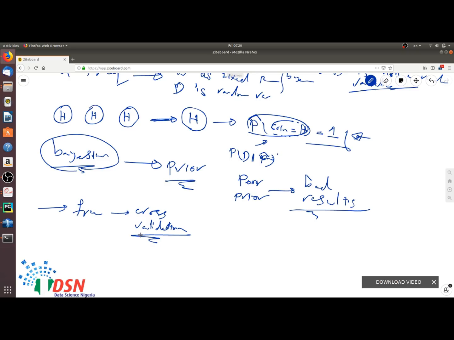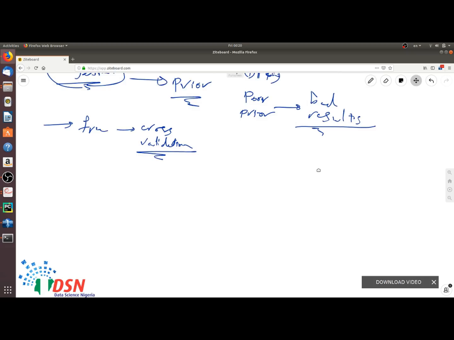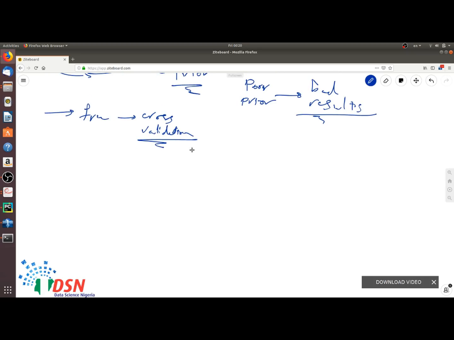The Bayesian approach is not always the best option for us, especially when we do not know much about the prior, or we do not have a strong intuition about the prior. So in that situation, maybe it is better to use the frequentist approach rather than the Bayesian approach.